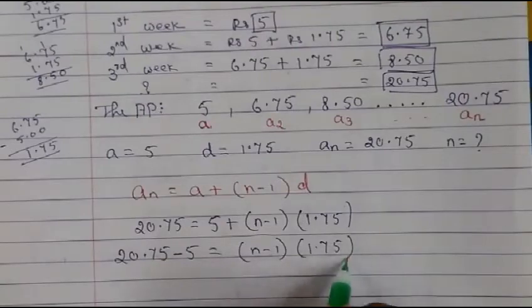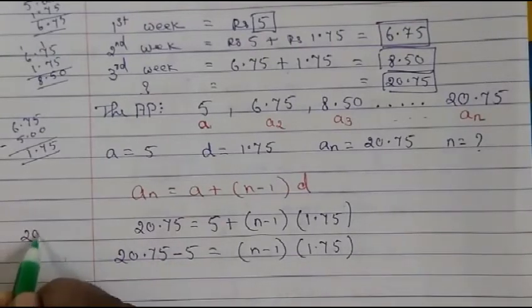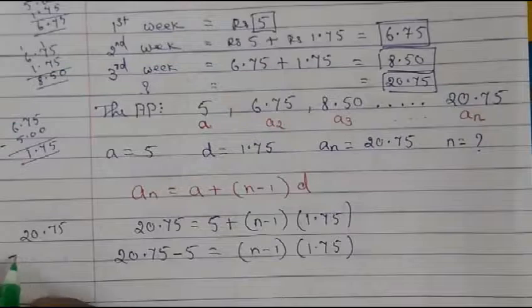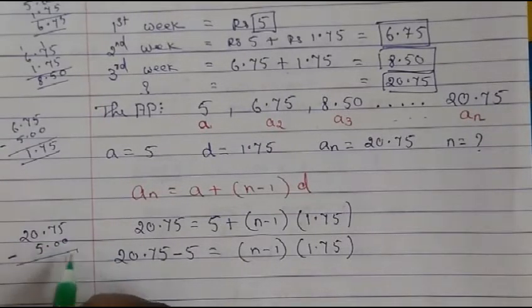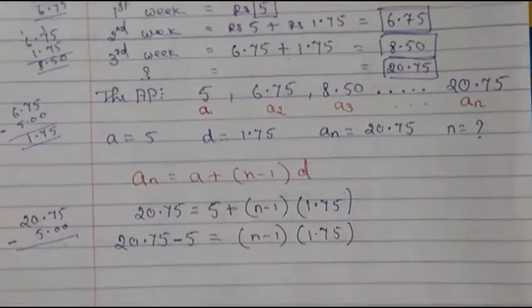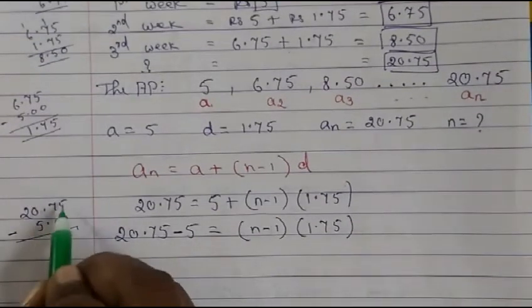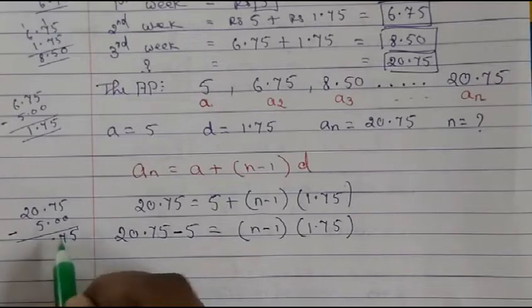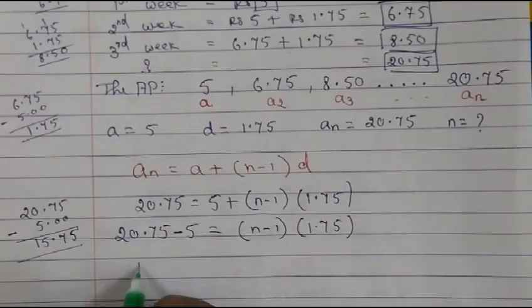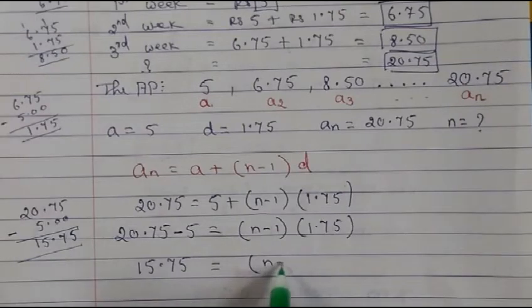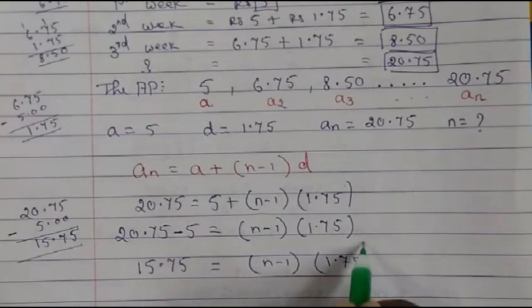Then we have n minus 1 times 1.75. So let's subtract 20.75 minus 5. We will get 15.75 equal to n minus 1 times 1.75.